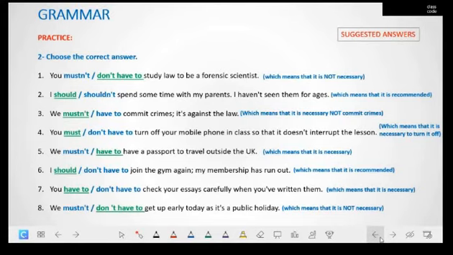I haven't seen them for ages, which means that it is recommended. It is advisable to spend time with my parents. Number three, we mustn't commit crime. It's against the law, which means that it is necessary not to commit crimes.